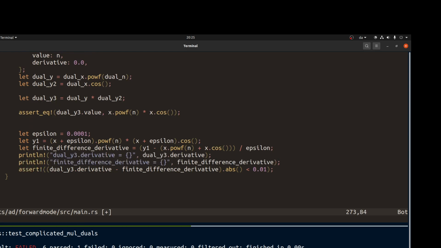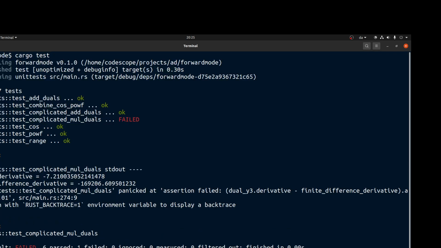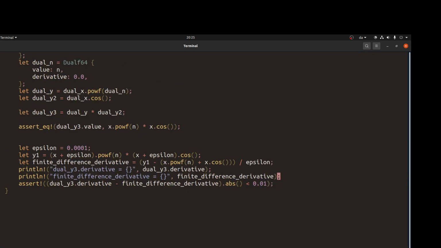Let's print some debug information. Okay, so that really fails.